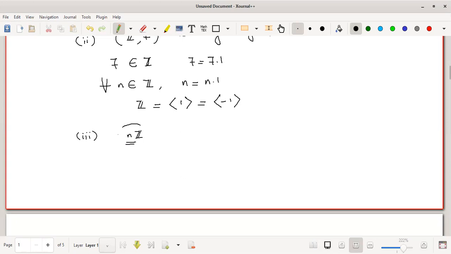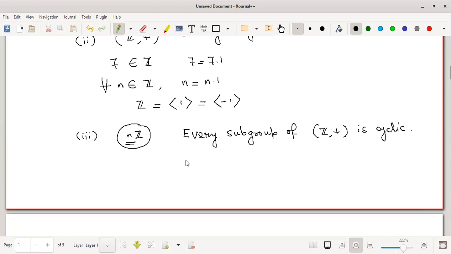So I can say every subgroup of Z plus is cyclic.